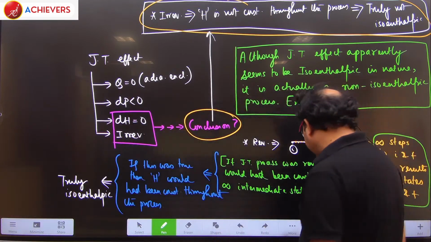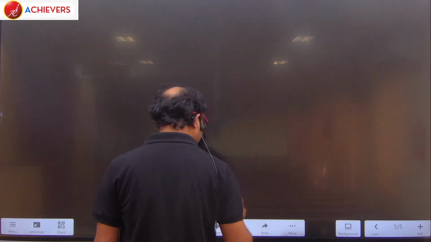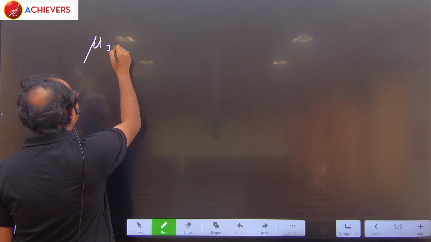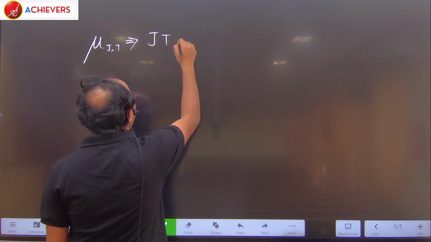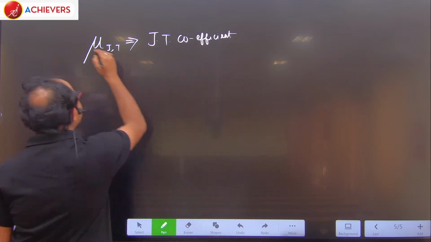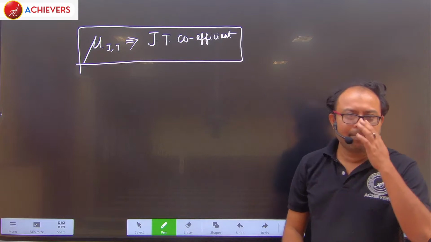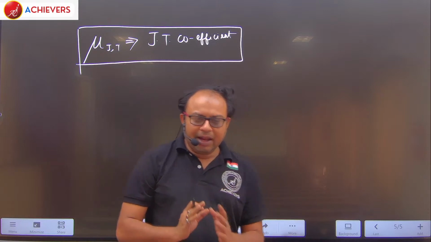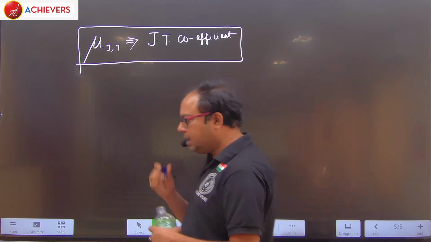Now we will introduce a very important term in context to the Joule-Thomson process, that is mu JT, the Joule-Thomson coefficient. So we will understand the meaning of mu JT in this context.